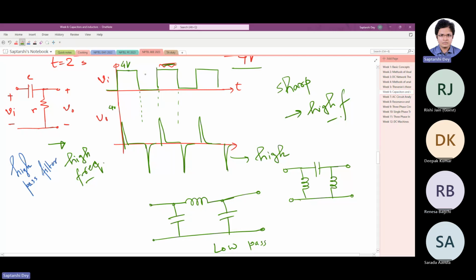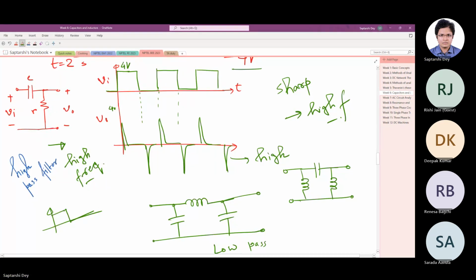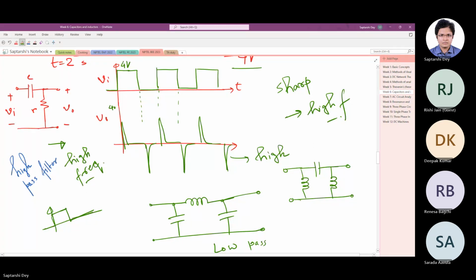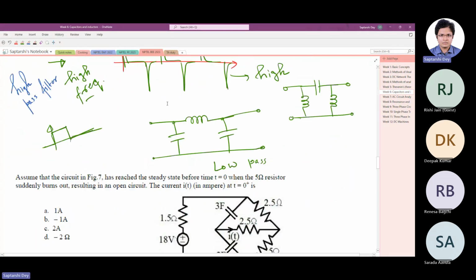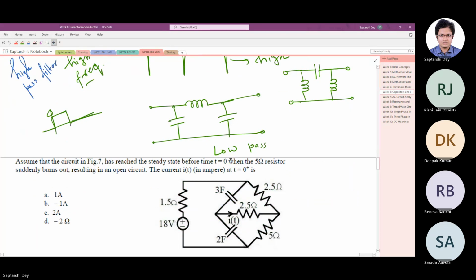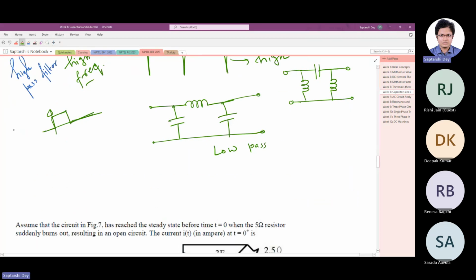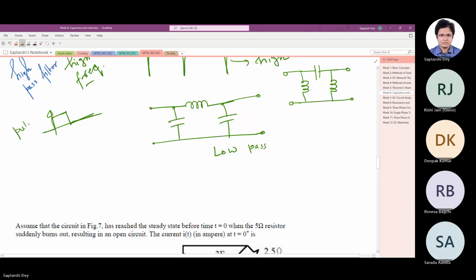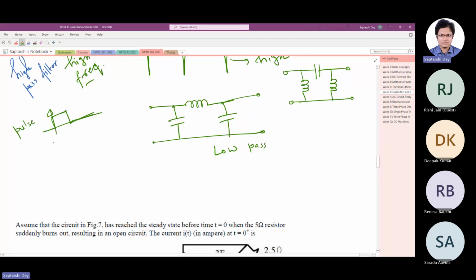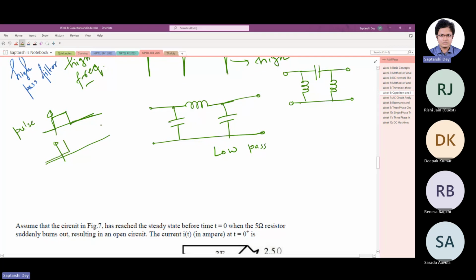Pulse is this one, the green square wave that I have drawn here. This is a pulse. The square wave is not a pulse, this is a pulse. One time you get like this. There are several kinds of signals. This is called a pulse. So if you have like this, it was 0, suddenly it becomes high and stays.